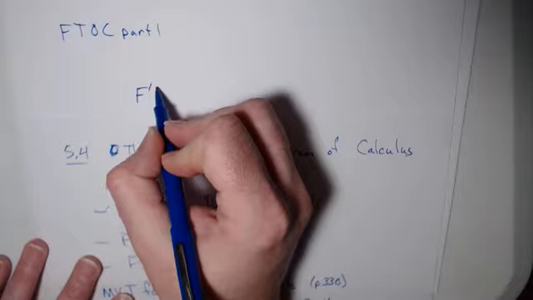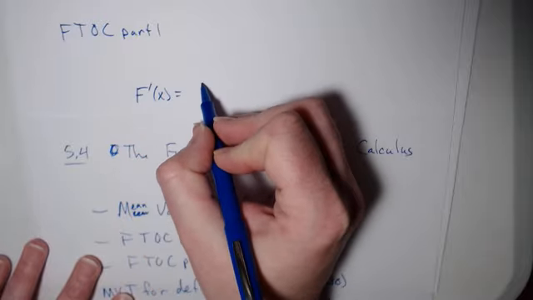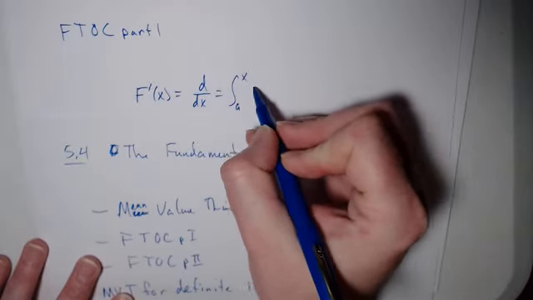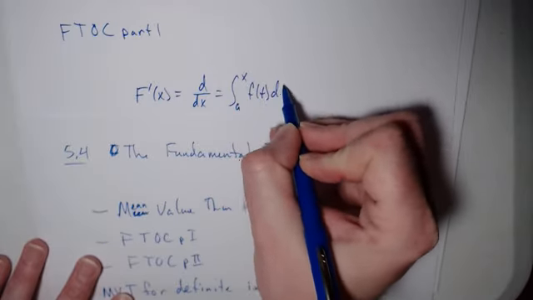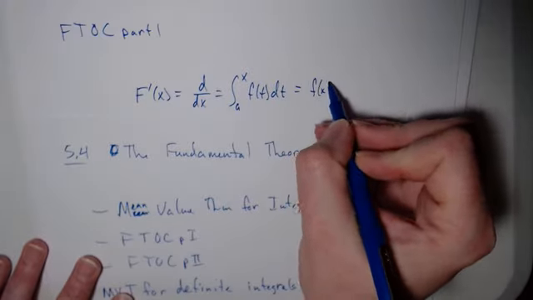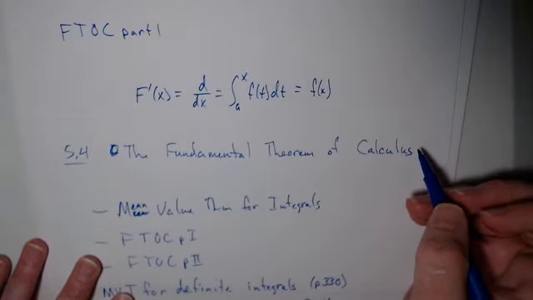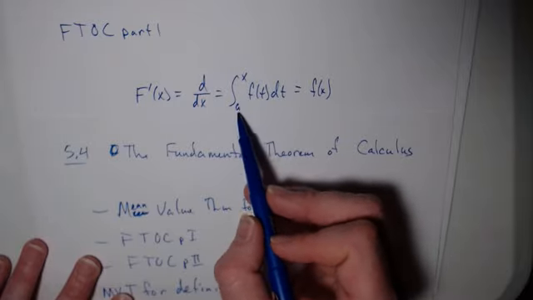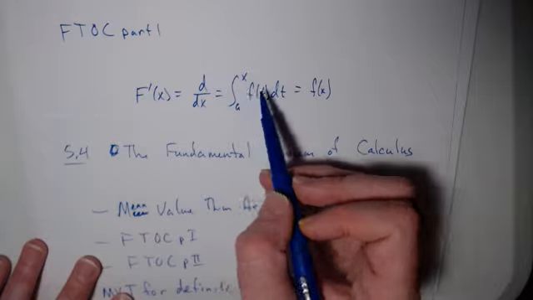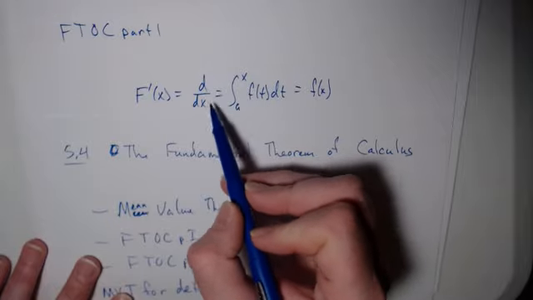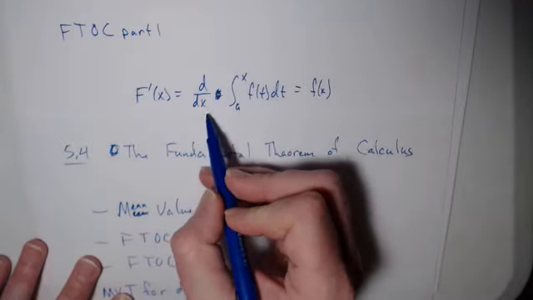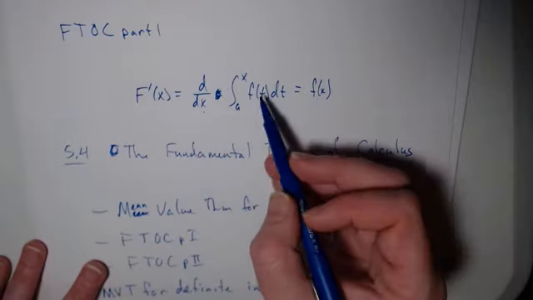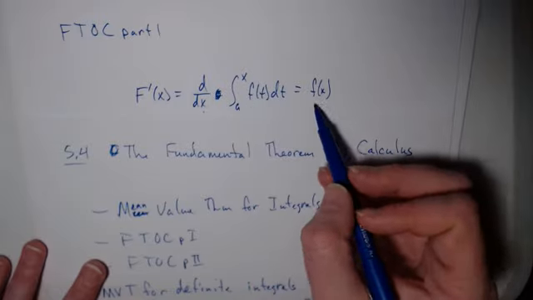So f prime of x, or I should say the derivative with respect to x, of the integral from a up to x of f of t dt, is just little f of x. That's it. The derivative of a definite integral where, instead of a and b, I put my variable in the top limit, and there are no x's anywhere else, is just this function evaluated at x.